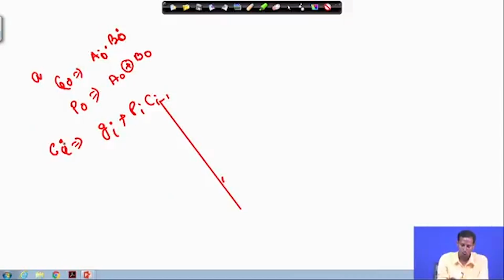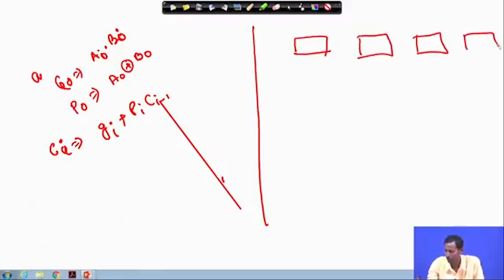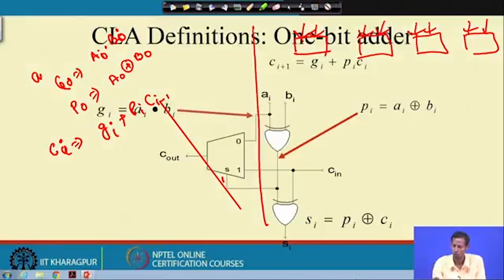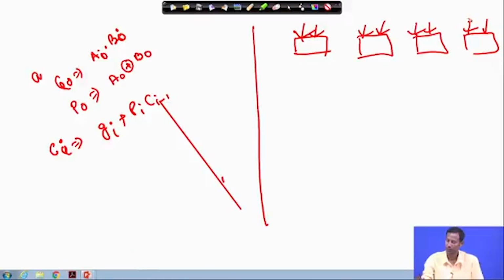Now suppose I am considering 4 bits. This is A0 B0, this is A1 B1, this is A2 B2, this is A3 B3.